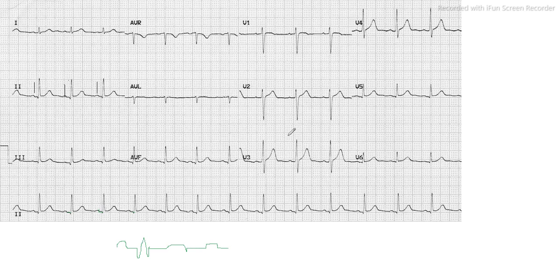You see here this PR interval must be constant to be called a normal sinus rhythm.